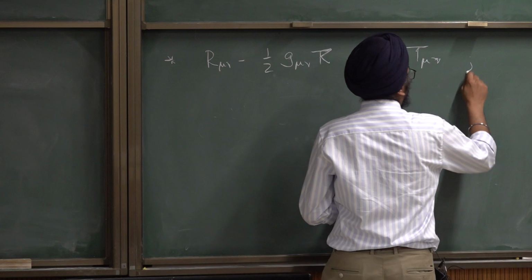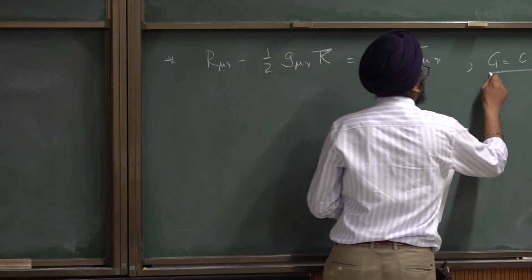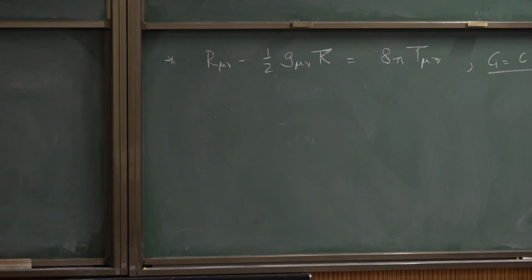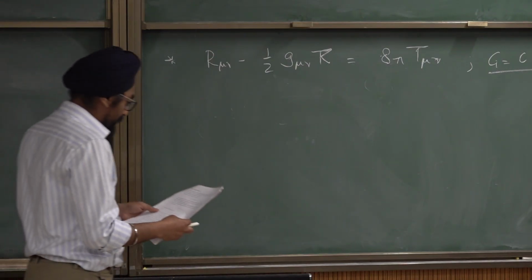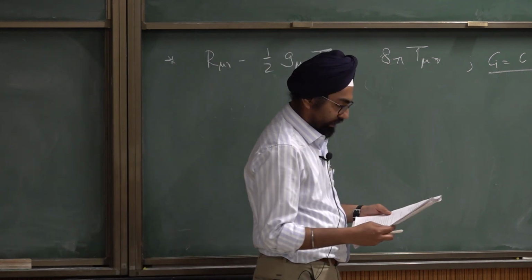We work in geometrized units where G equal to c equal to 1. A lot of these things you have already done as part of school, but this would be a good revision. So G Newton is set to 1, c equal to 1.